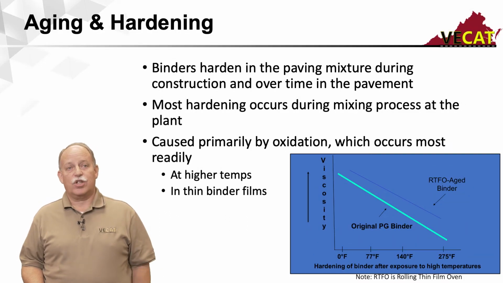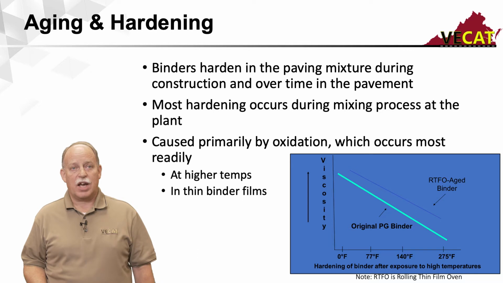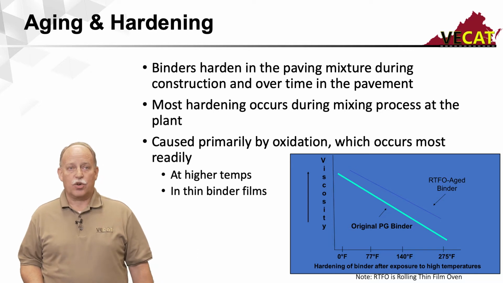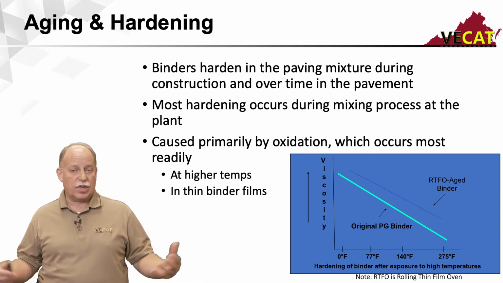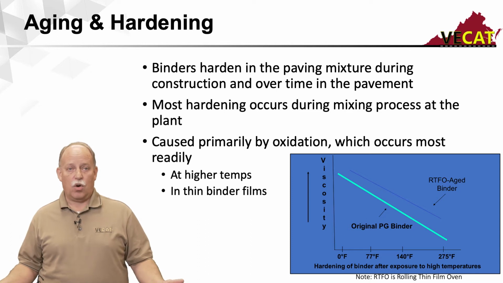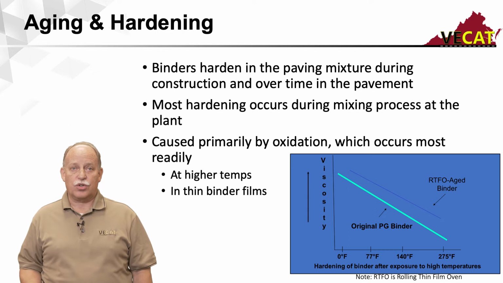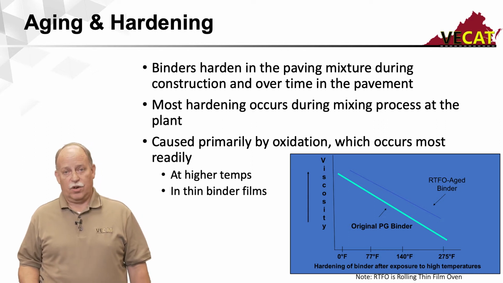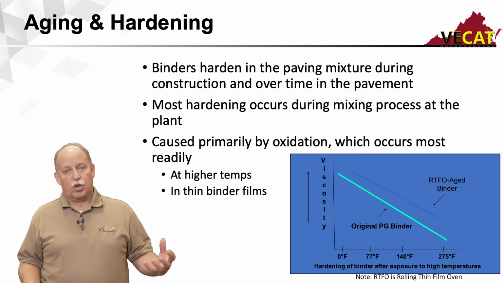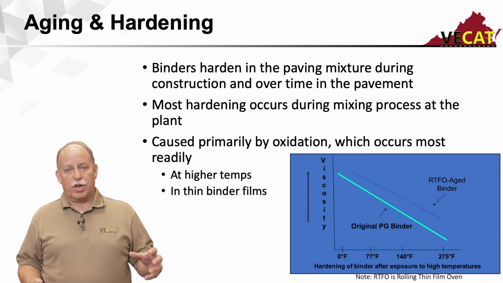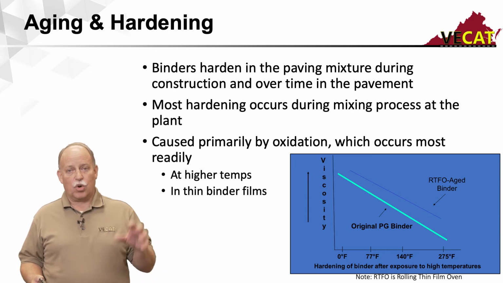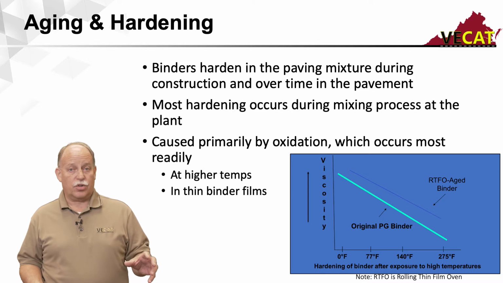So let's talk about aging and hardening of those binders. Binders harden in the mixture during construction and over time. Over time, as we've talked about, they're going to get harder. But most hardening actually occurs during the mixing process at the plant itself. When you're producing an asphalt concrete mixture, the aggregates are going into the drum at 400 plus degrees.